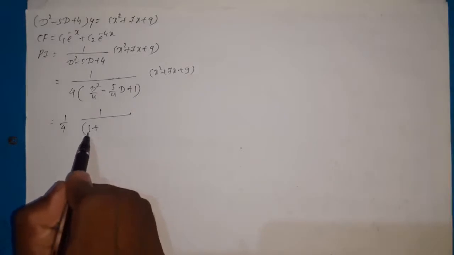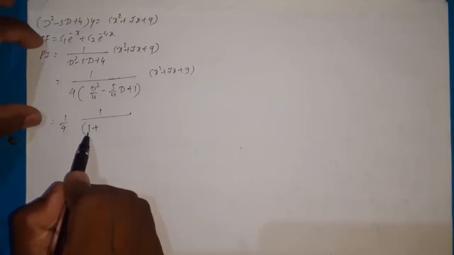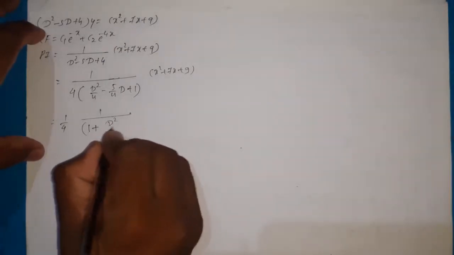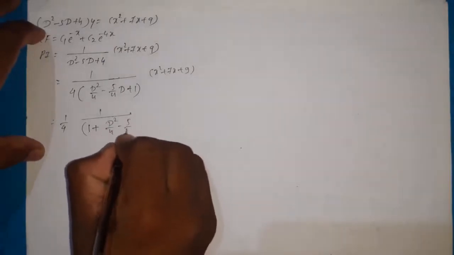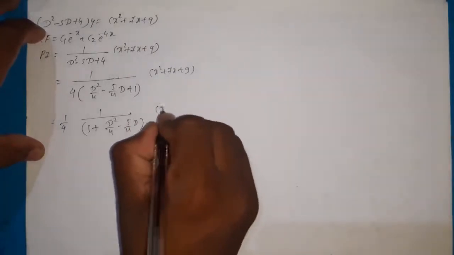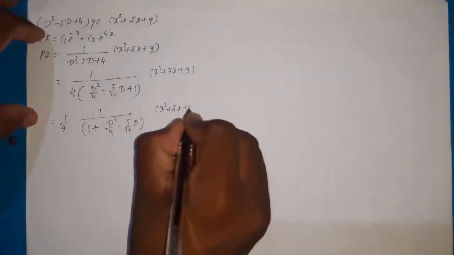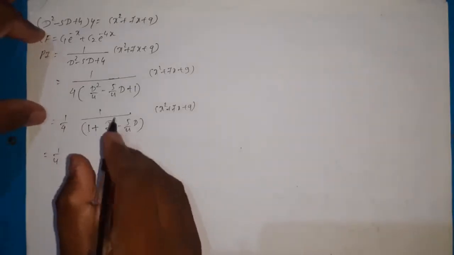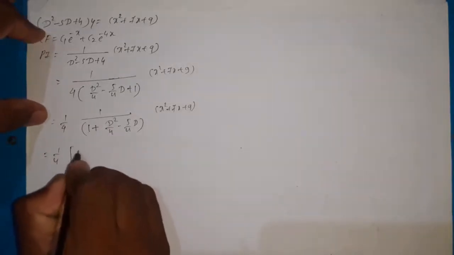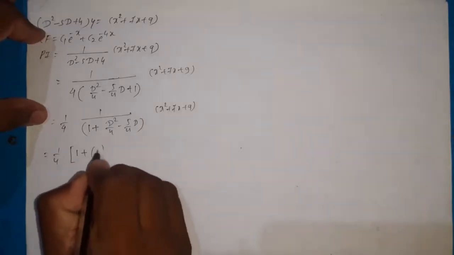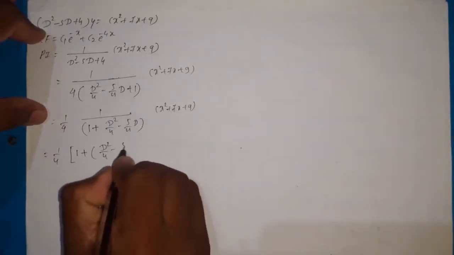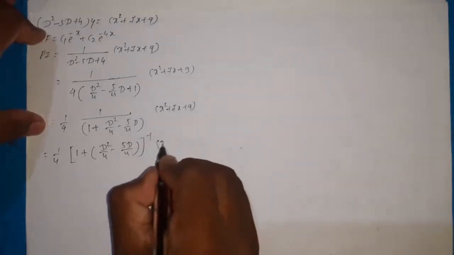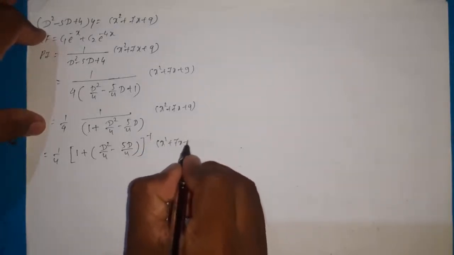So therefore 1 should be written first, and the remaining term next, that is D square by 4 minus 5 by 4 D into that function. Then it is 1 by 4. Now take this to the numerator, that becomes 1 plus (D square by 4 minus 5D by 4) whole power minus 1 into x square plus 7x plus 9.